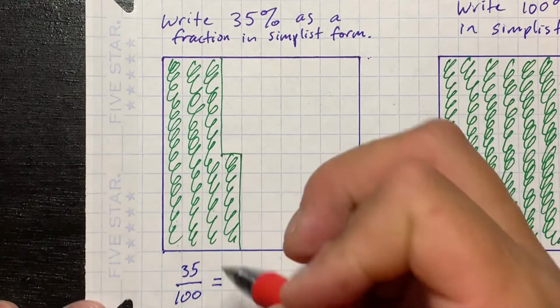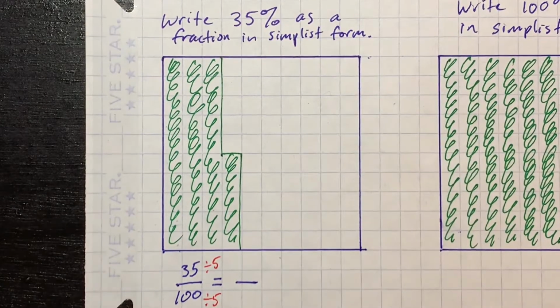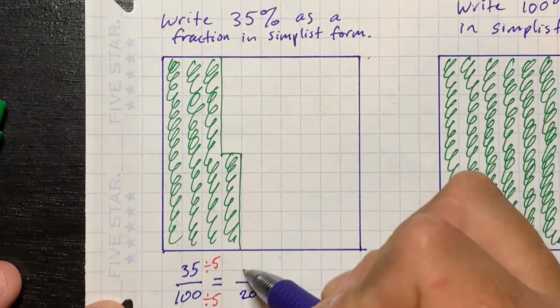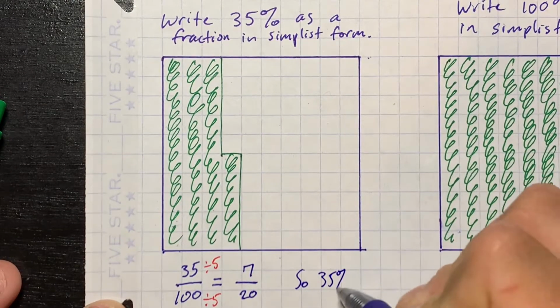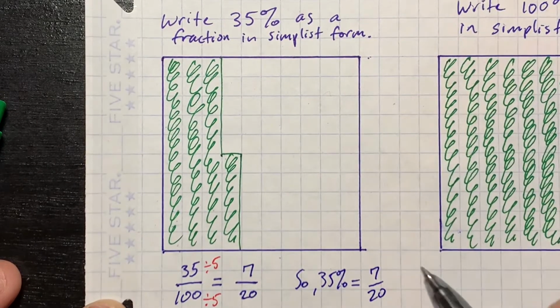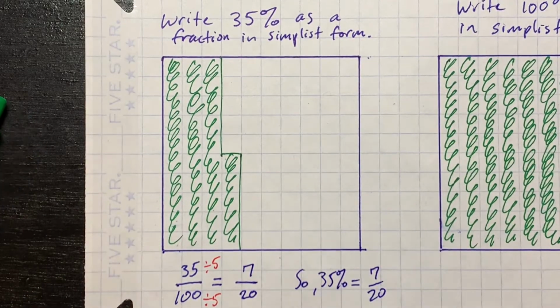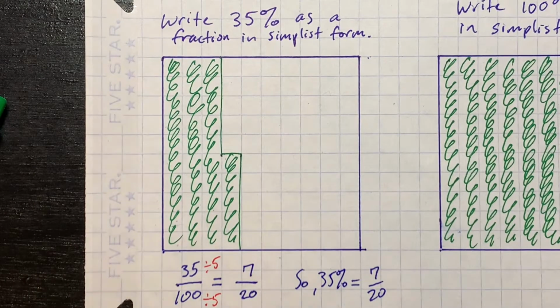If we divide 35 by 5 and 100 by 5, 100 divided by 5 is 20, and 35 divided by 5 is 7. So we can say that 35% is equivalent to 7/20. So we, my friends, just wrote a percent as a fraction. We used a model here, a diagram. We're reading a picture. Let's move on to the next problem.